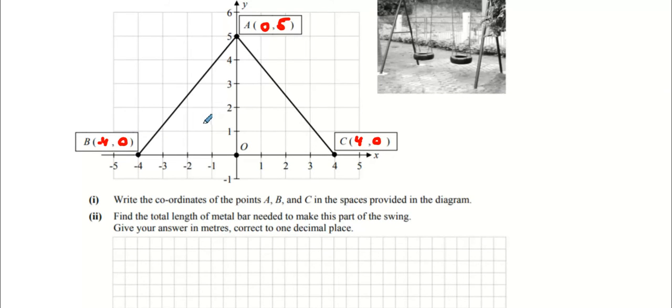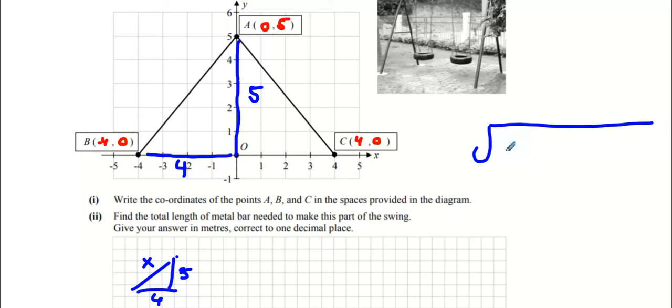So, I suppose I could do Pythagoras' Theorem to be really fast about this. This is a length of 4, and this one's a length of 5. So I can use Pythagoras' Theorem to find the distance, or you could use the distance formula for coordinate geometry: x2 minus x1 squared plus y2 minus y1 squared.